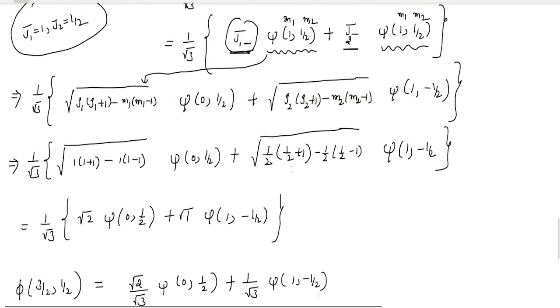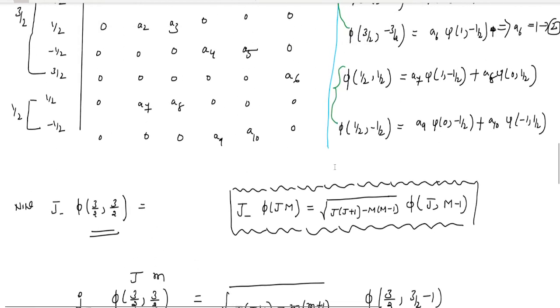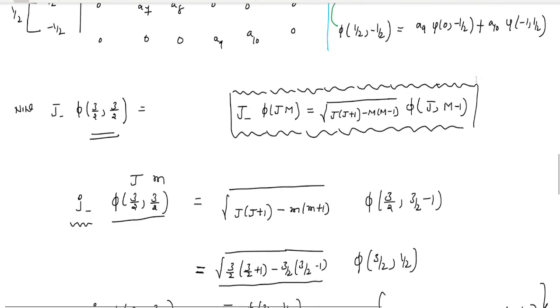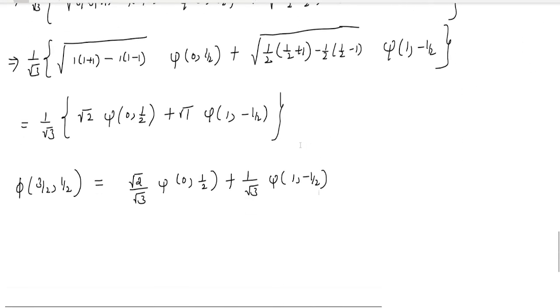We hope to get the A1 and A2 values. Let us check. Psi 1 minus 1 divided by 2, here A2 is equal to 1 divided by root 3.